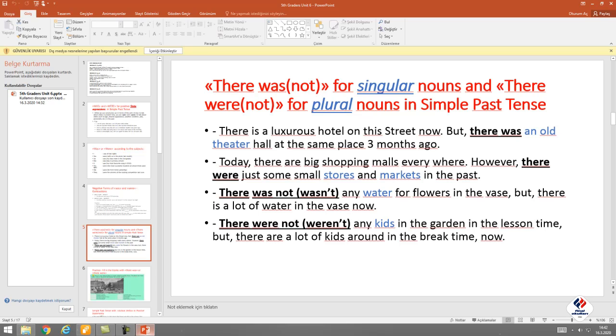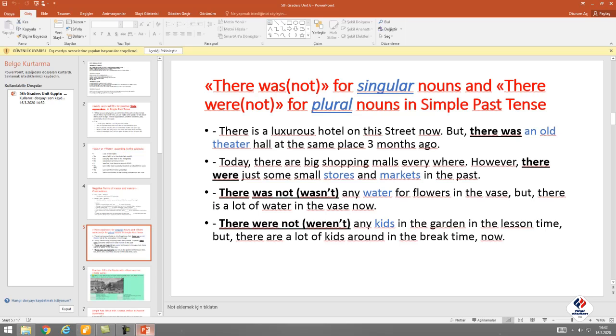Contrary to the first two examples, which start with simple present and go on with simple past, in the third example, we start with a simple past statement in the first part, and we go on with a simple present statement in the second part of the sentence.